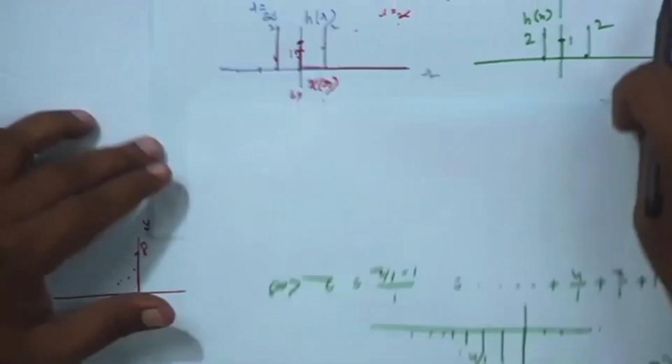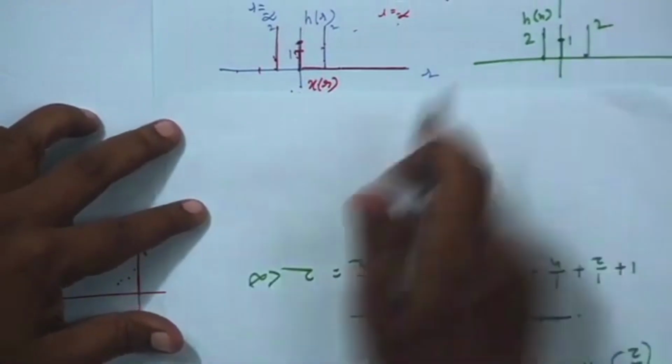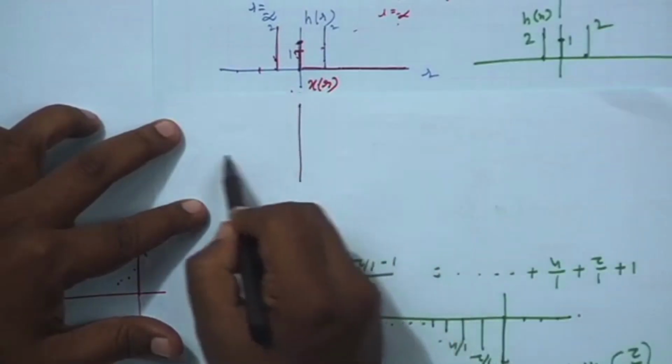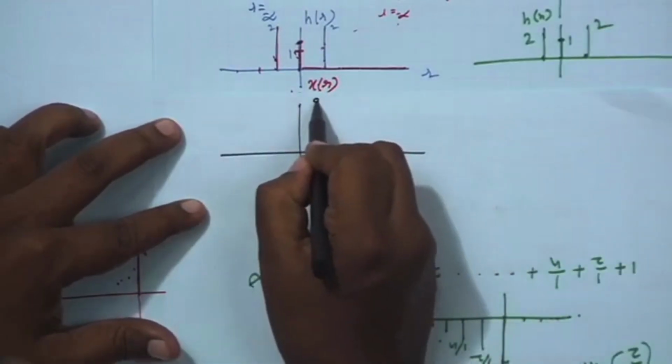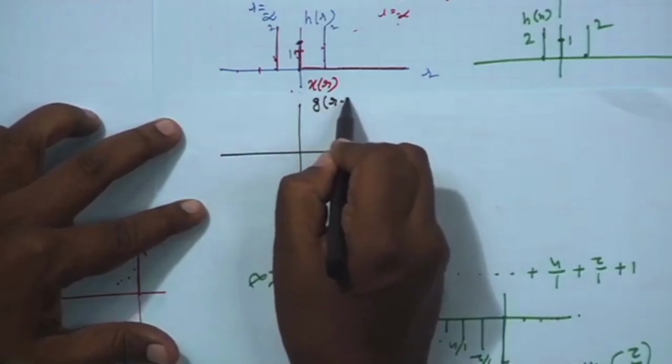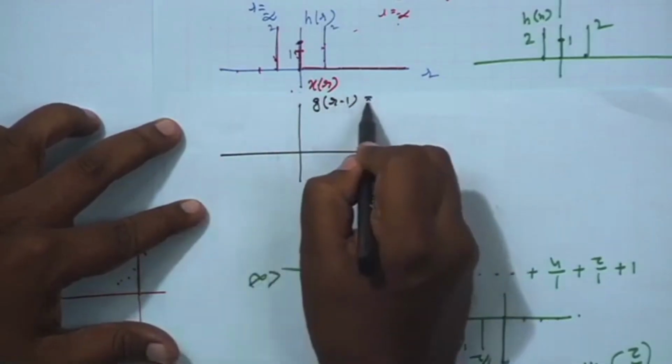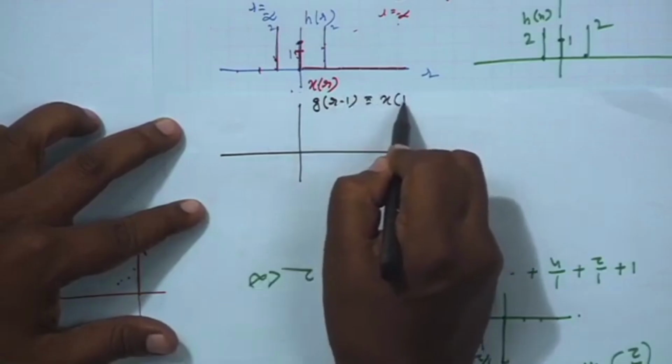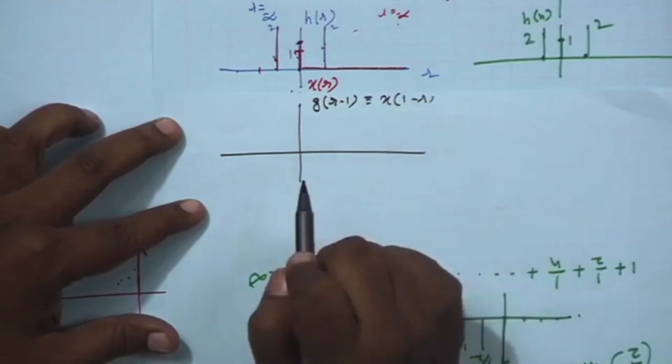So, it will be like this, which is equivalent to x of 1 minus r, where 1 is n.